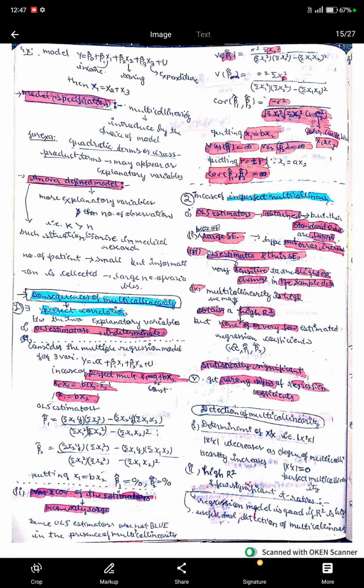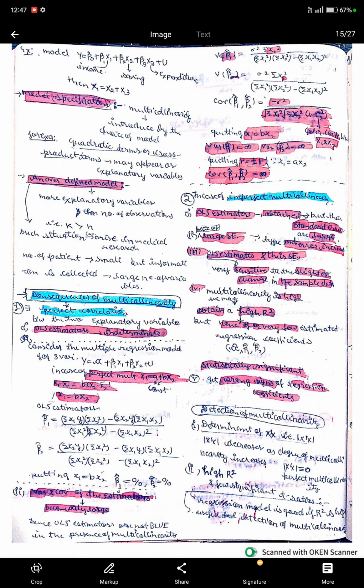Fourth, when multicollinearity is high, we may obtain a high R square, but none or very few of the estimated regression coefficients alpha cap, beta 1 cap, beta 2 cap are statistically significant. Fifth, we may get wrong signs of regression coefficients.